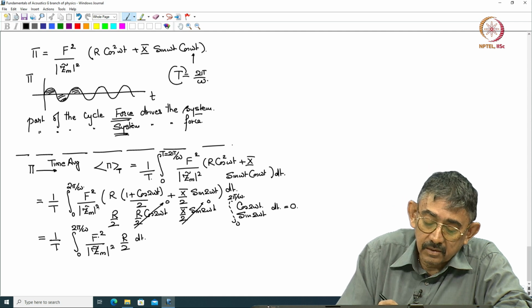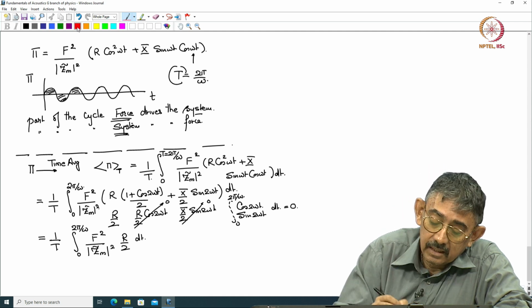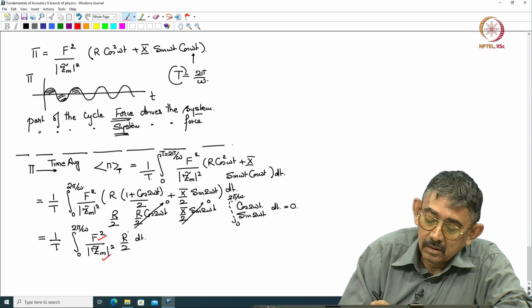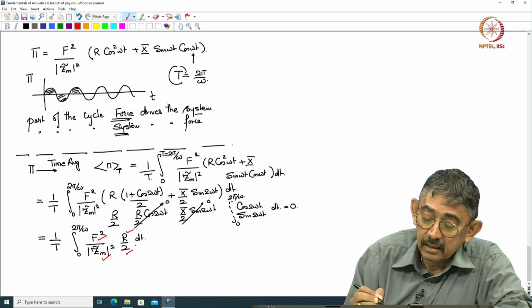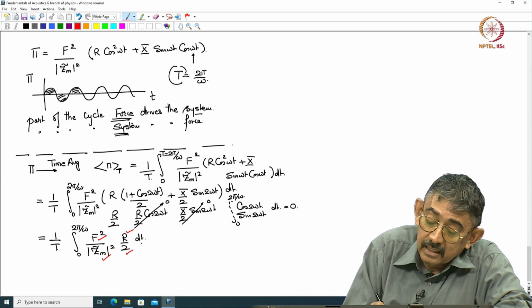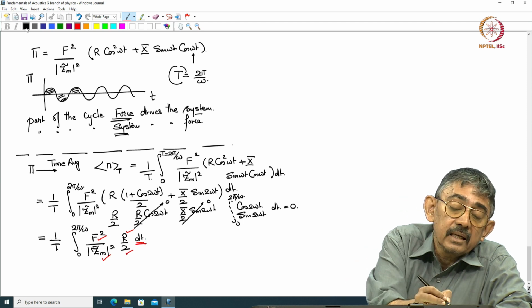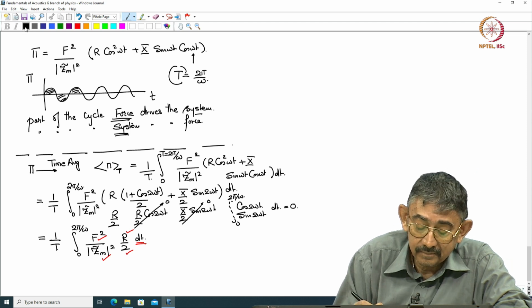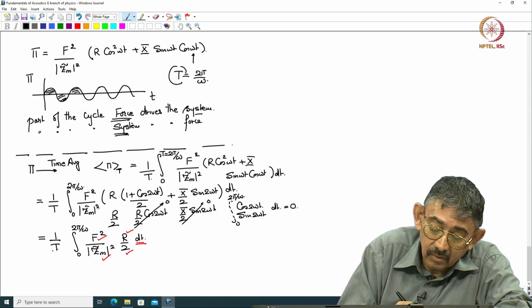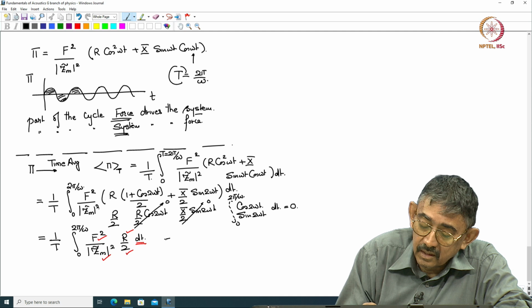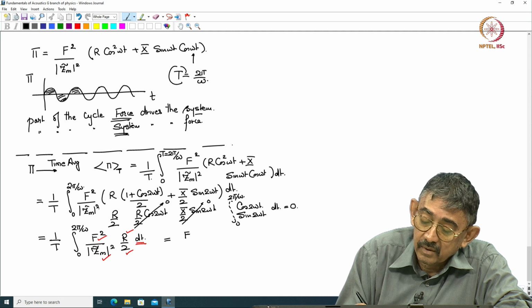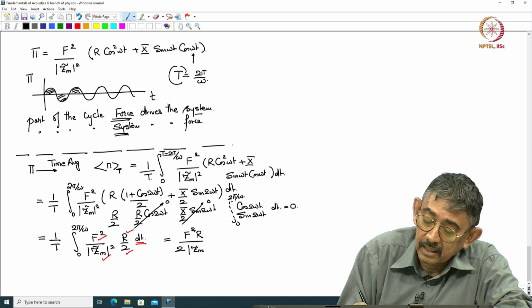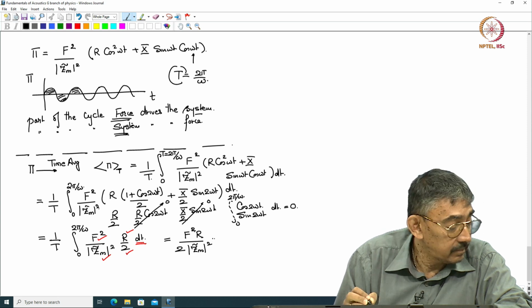All these are constants, so they come out of the integral. I am just left with an integral of dt, and that gives me T, which cancels with the T over here. So this gives me F squared R by twice magnitude Z mechanical tilde squared.